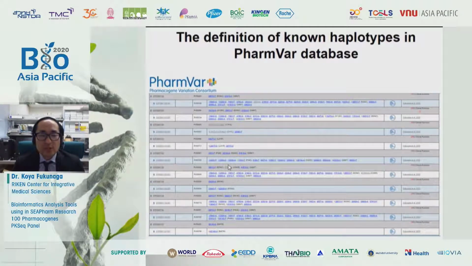The information in this resource facilitates basic and clinical research, as well as the interpretation of pharmacogenetic test results to guide precision medicine. Like this, I registered the novel haplotype of CYP2D6, like this.